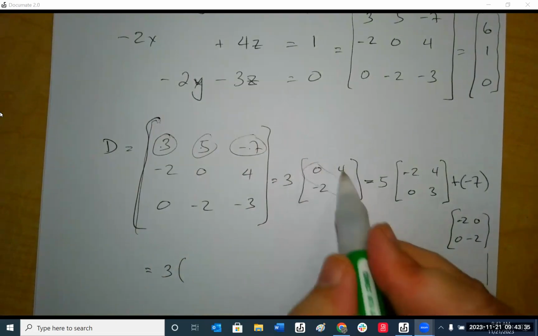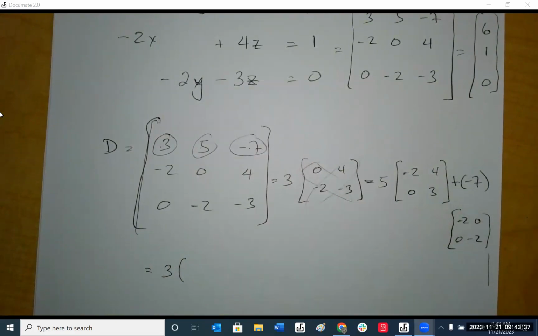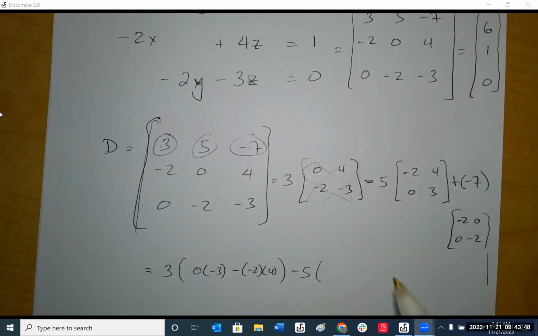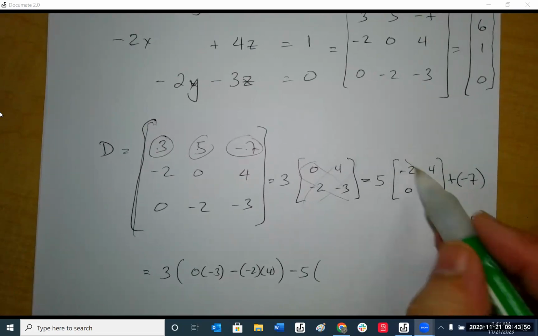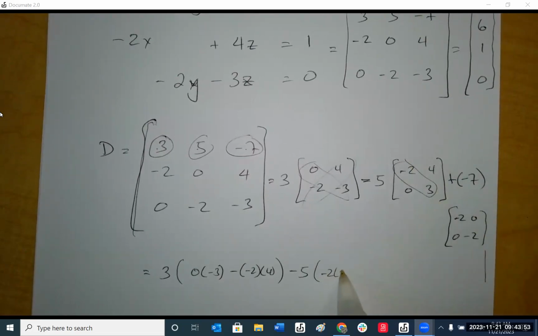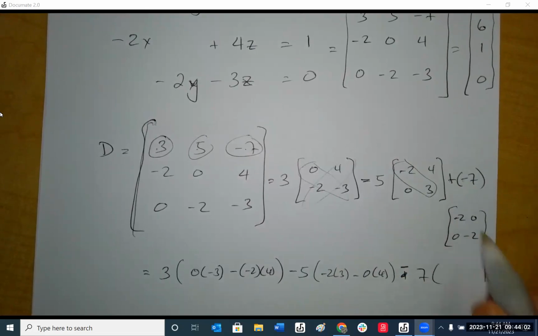Now I just do the determinants from there. So it's 0 times -3, minus -2 times 4, minus 5 times (-2 times 3 minus 0 times 4). Positive and negative makes it a negative. Then -2 times -2 minus 0.